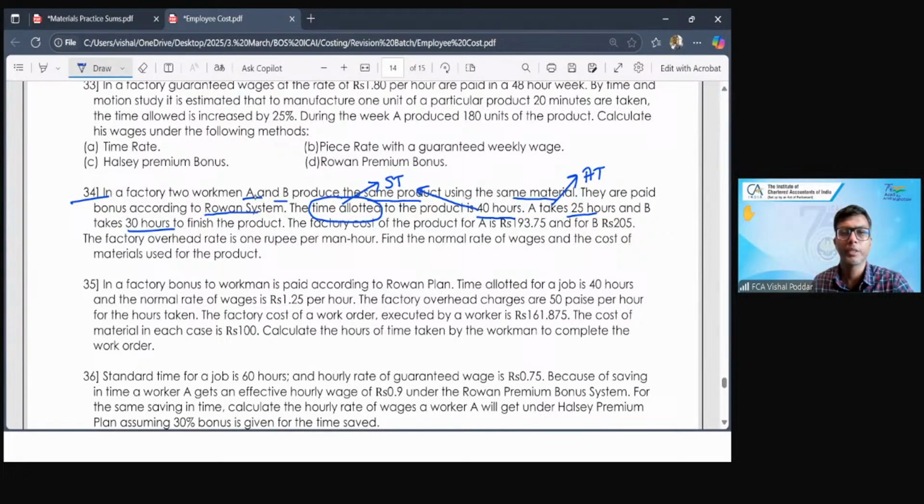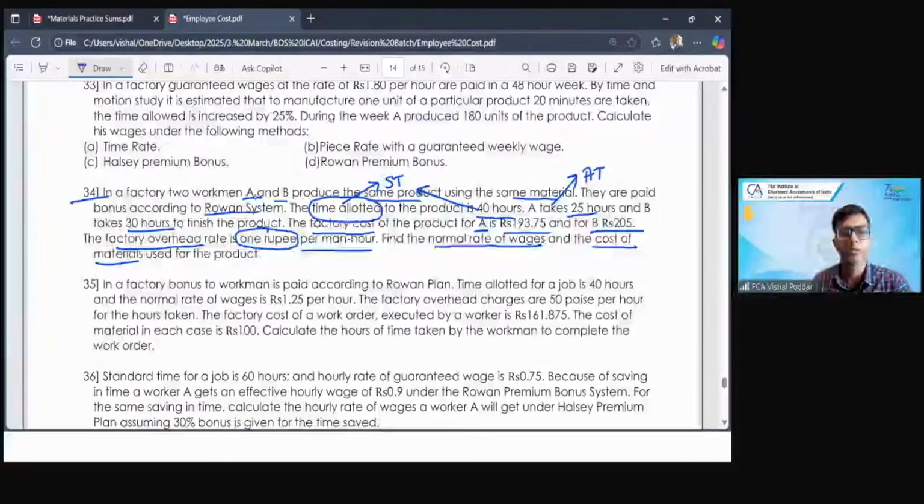Now, interestingly, they have said the factory cost of this product when A is making comes to 193, whereas when B is making it is 5. The overhead is charged at the rate of rupee 1 per man hour. You are supposed to find out what will be the wage rate. Also, what would be the material cost?